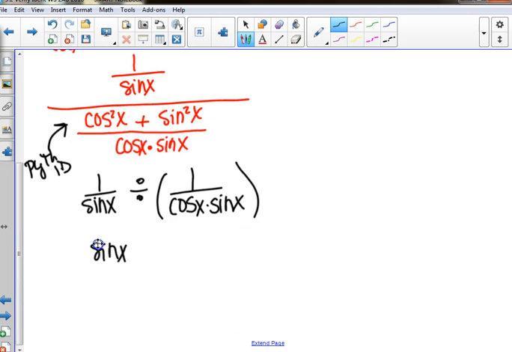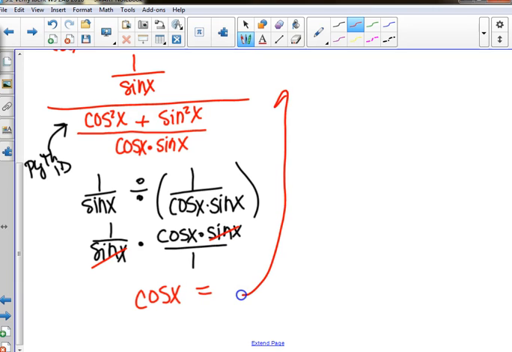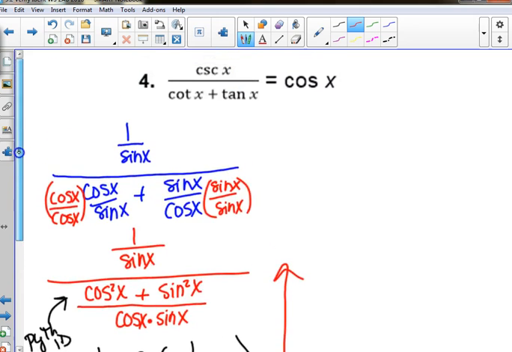So I have 1 over sine times, and since it's a multiplication, I can cancel. Sine divided by sine is cosine. Is that what I was supposed to get way back up there? I hope so. Yep.